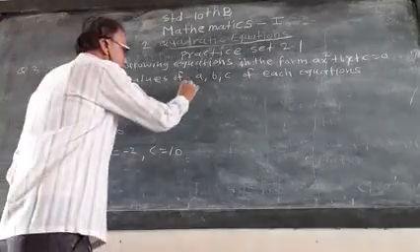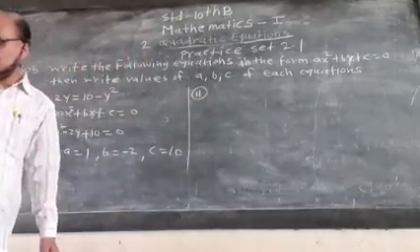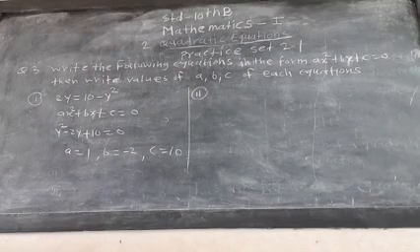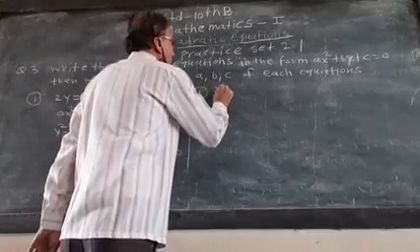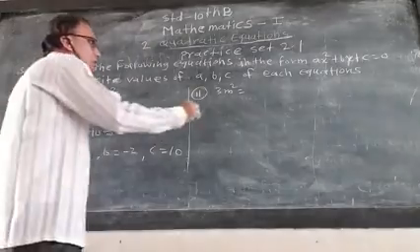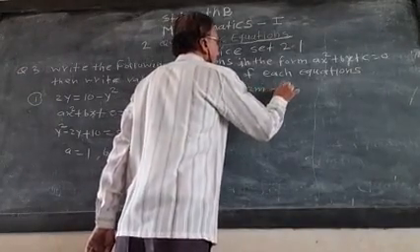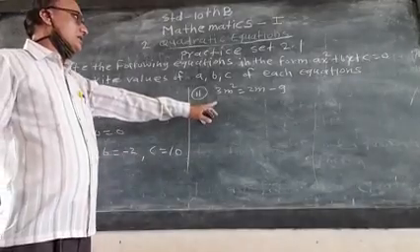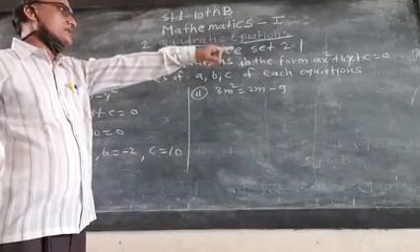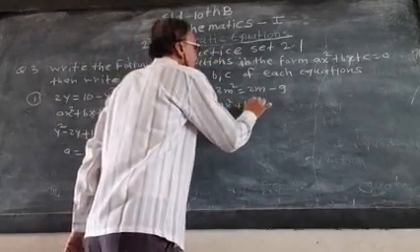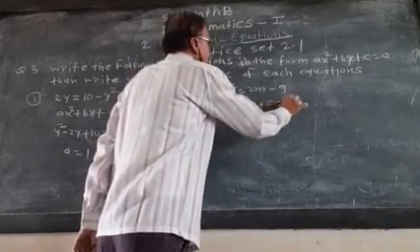Now the next example, the second. 3m square equals 2m minus 9. We convert it to the form ax square plus bx plus c equals 0.